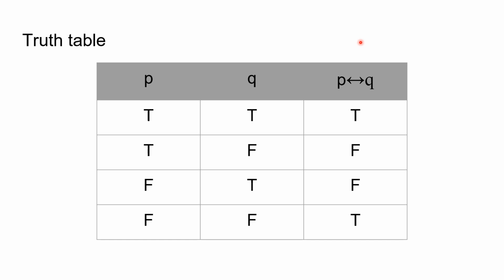This operator is like NOT plus exclusive OR. So if two propositions are the same, their result will be true. On the other hand, if their propositions are different, their result will be false.